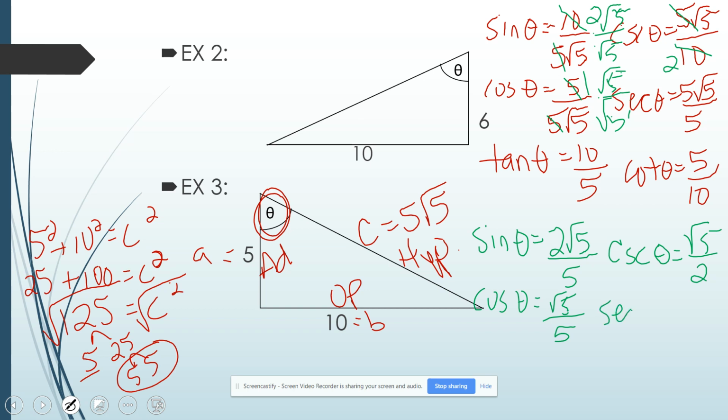And then my secant, reduce these 5s, and I get the square root of 5 over 1, or you can just write the square root of 5. My tangent, 10/5, reduces to 2, and my cotangent, 5/10, reduces to 1/2.